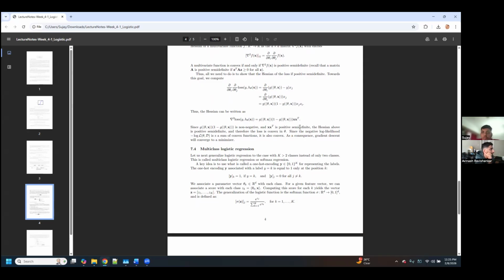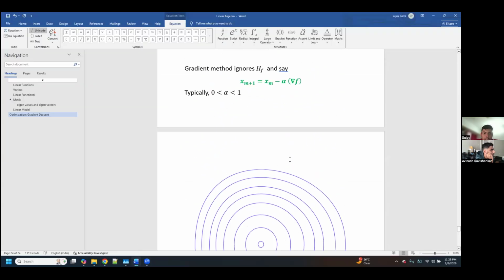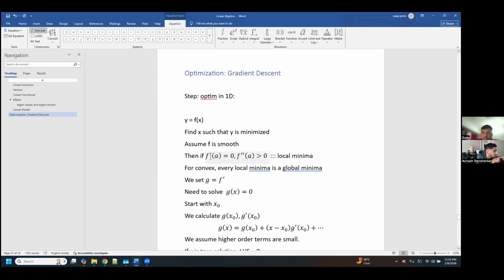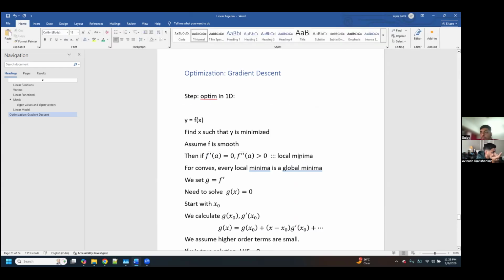Why are we taking the second derivative of the loss function? So we are solving this thing, right? If the first derivative is zero and the second derivative is positive, we know that the point is a local minima.